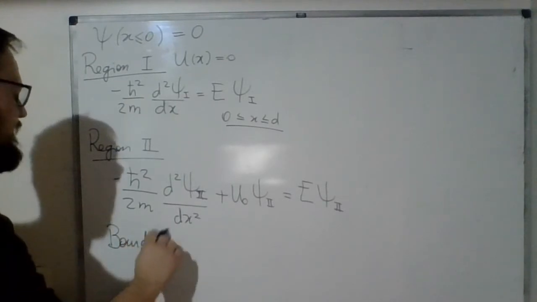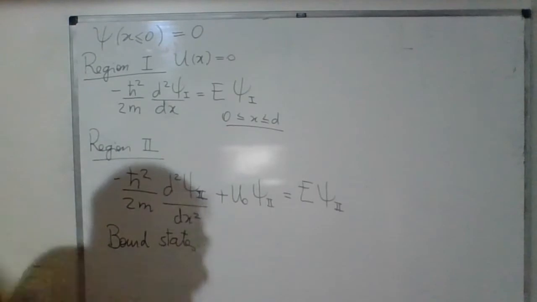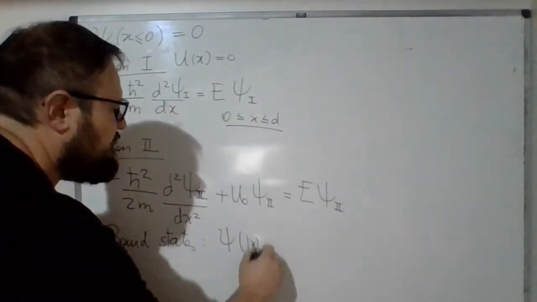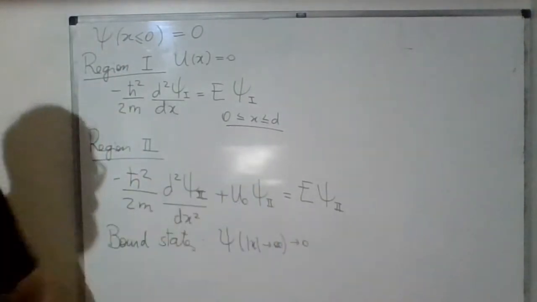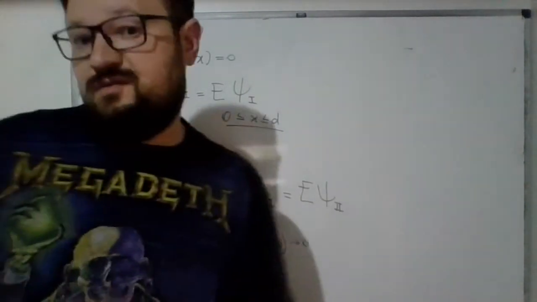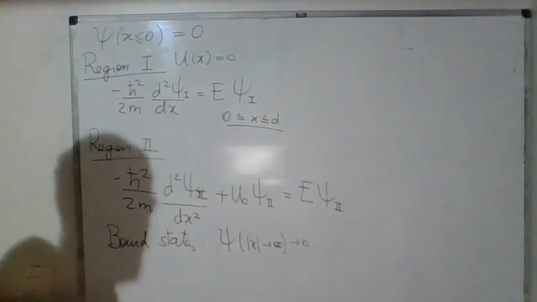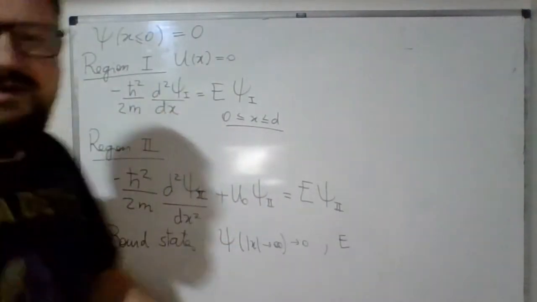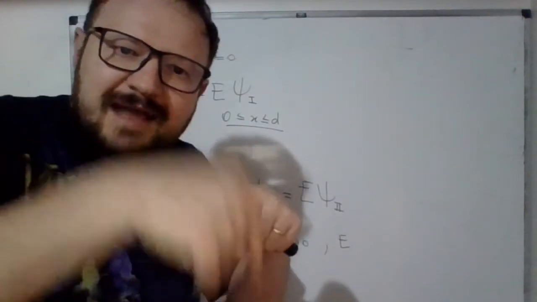Bound states correspond to the following: psi, as the modulus of x goes to infinity, must go to 0. For negative x, we already have that accomplished. But also, bound states are particles confined inside the well.